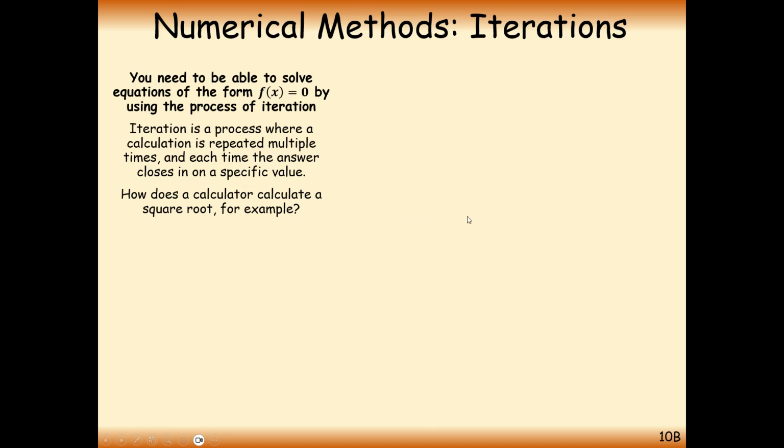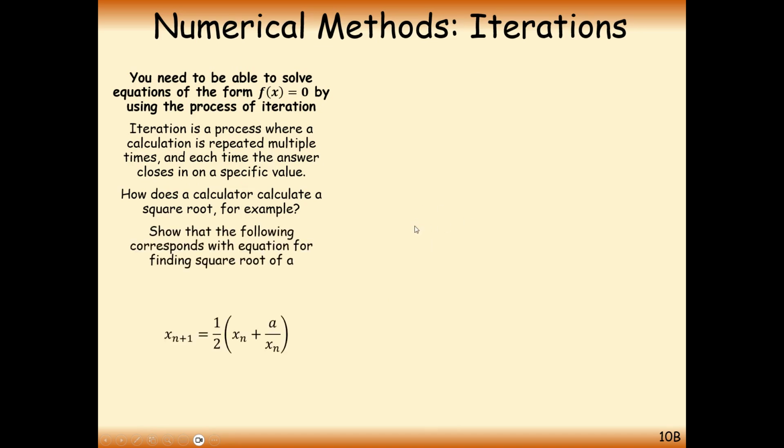I've created another example here where you may not be familiar with this equation, but that's one way of figuring out the square root of any number. Let's say we want to find the square root of a. The constant a doesn't change in this equation, but we take some value that is roughly near to the answer we are looking for.